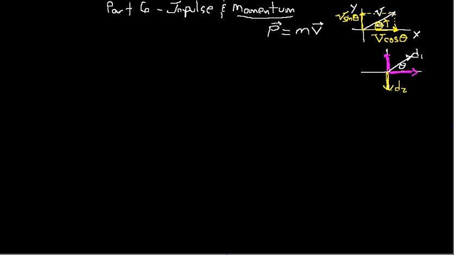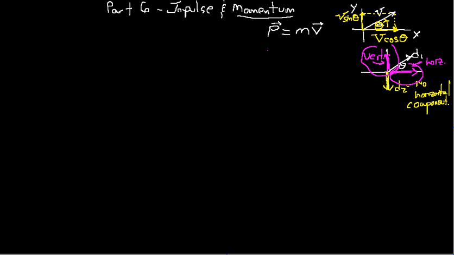It has no horizontal component. This vector here has a horizontal component and a vertical component. So this is the vertical component, this is the horizontal component of d1. So that's just a little sidebar.